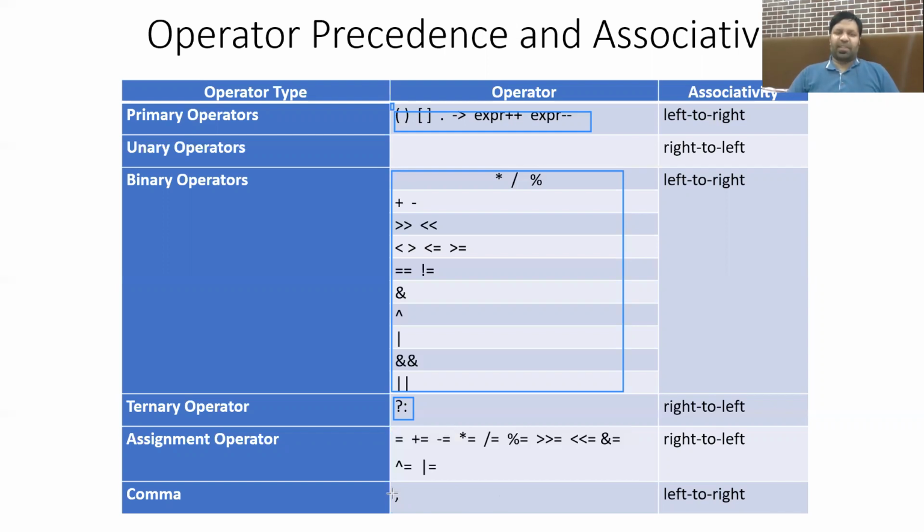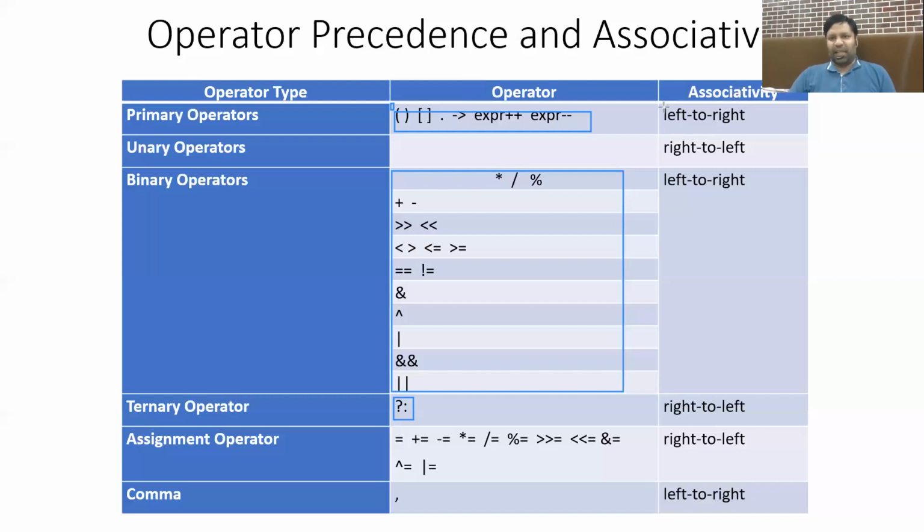So what is precedence? As I have already told you, precedence means if you have multiple operators within a single expression, then which will be the first to be evaluated is decided by the precedence. Now what if there are two operators in the same expression that have the same precedence? Then which one will you compute first? That will be decided by the associativity.